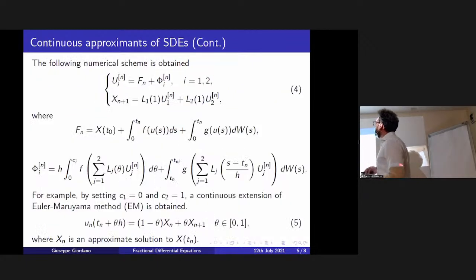Without going into details, the numerical scheme is described by equation 4, which requires the solution of a system of two nonlinear equations in the unknown variables capital U1 and capital U2. For example, if we set C1 equal to 0 and C2 equal to 1, we obtain a continuous extension of the Euler-Maruyama method, which represents the simplest numerical method to solve stochastic differential equations.